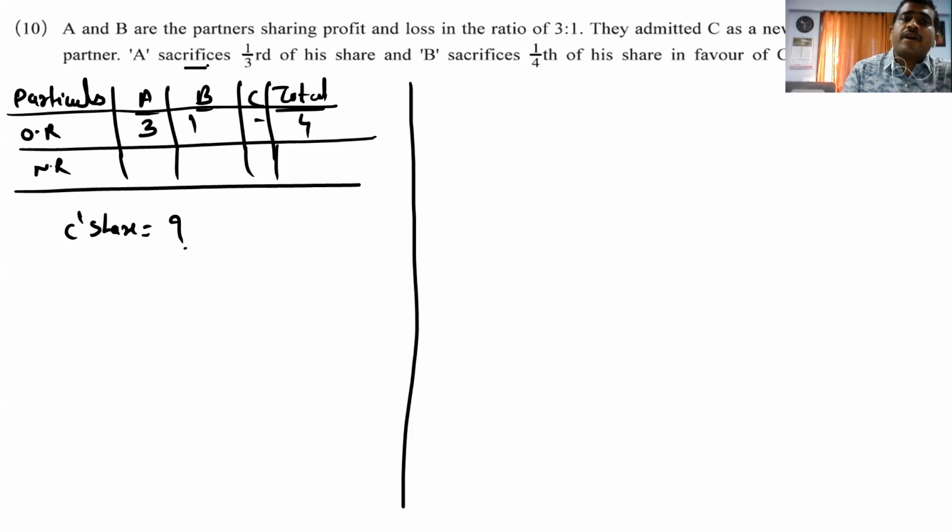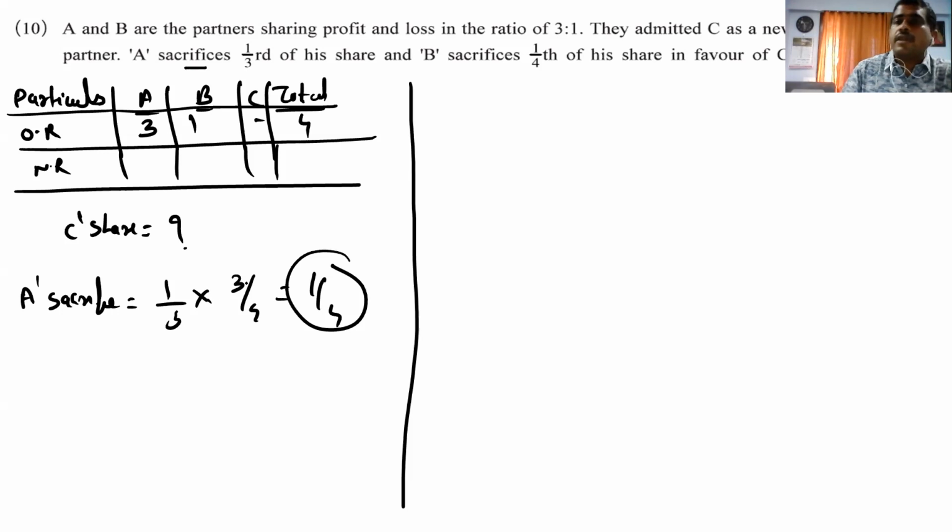A sacrificed 1/3 of his share. Now just see. A sacrifices 1/3 of his share. That is 3 by 4 into 1 by 3, so the 3s get cancelled, and that is 1 by 4. Clear?